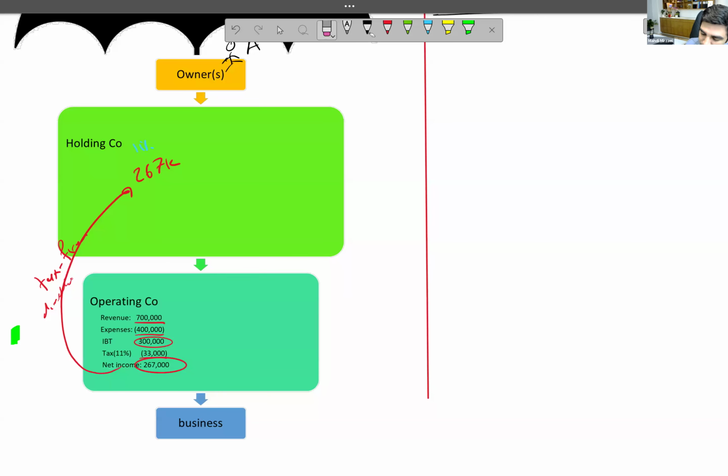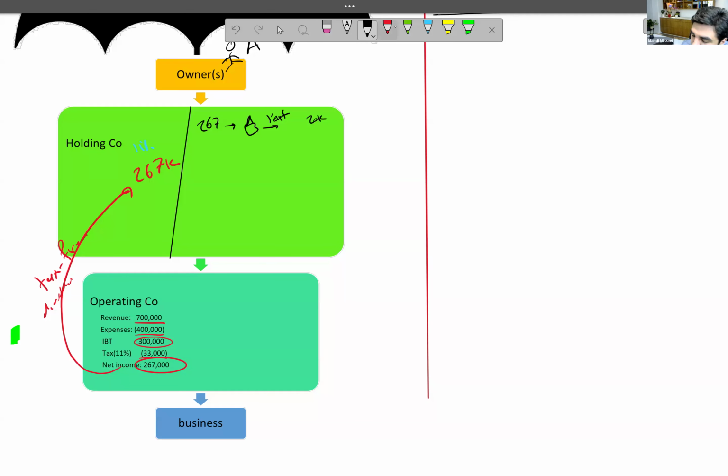Scenario number 1 is that he used that money, this $267,000, and buys the property inside the corporation. Okay? Let's say that the rent from this is $20,000 a year. So after all the rent that they earn minus all the expenses, the bottom line is $20,000.